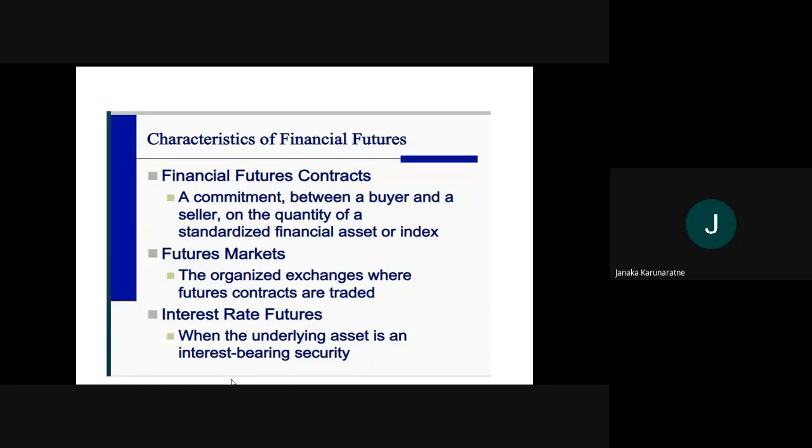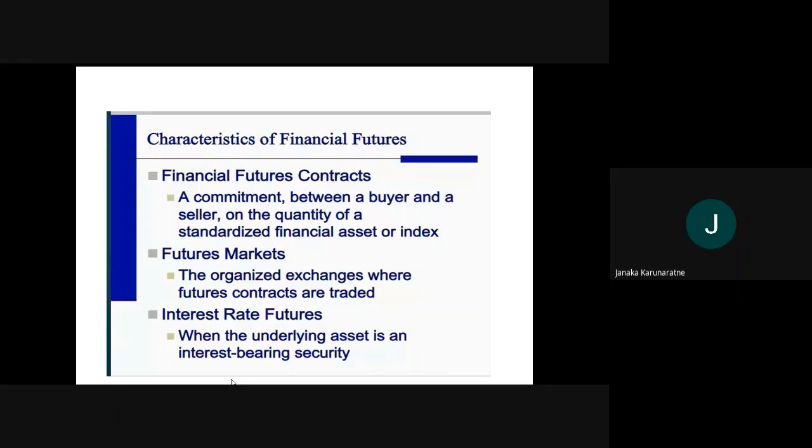Then we will move on to our topic now. Since we are talking about interest rate risk management, how can we use interest rate futures for our risk management? So what is an interest rate future? An interest rate future is a futures contract where the underlying asset is an interest bearing security.